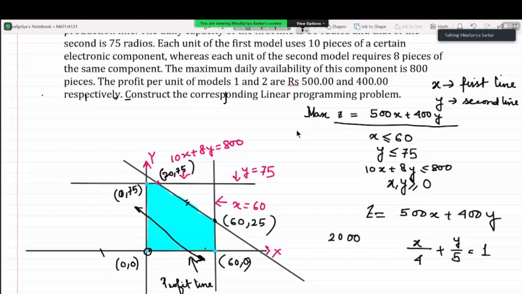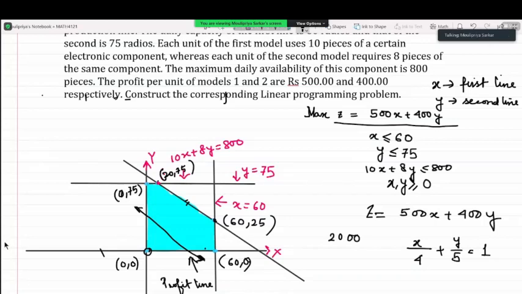What we did is put z as an arbitrary value which is a multiple of 500 and 400 both, so that we can have a line in intercept form. That is what we did, nothing else.